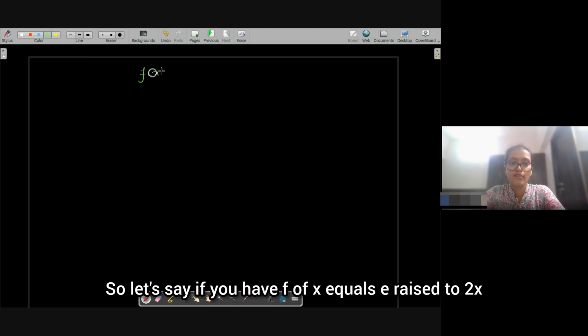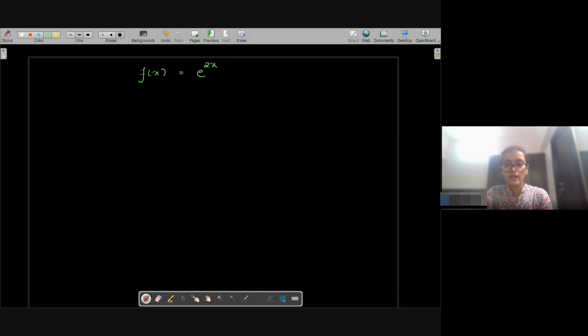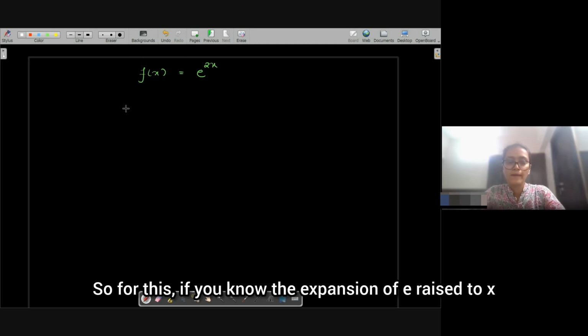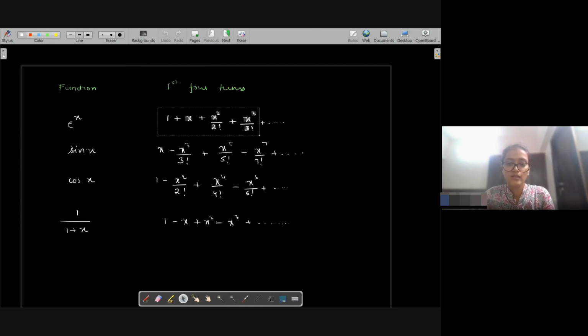I mean, so let's say if you have f of x equals e raised to 2x, we have to write the first 4 terms and the general term for the expansion of this function. So for this, if you know the expansion of e raised to x, first 4 terms are these.